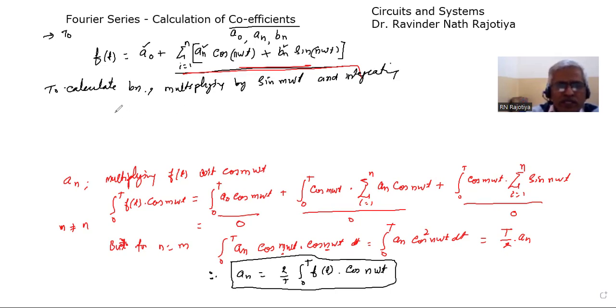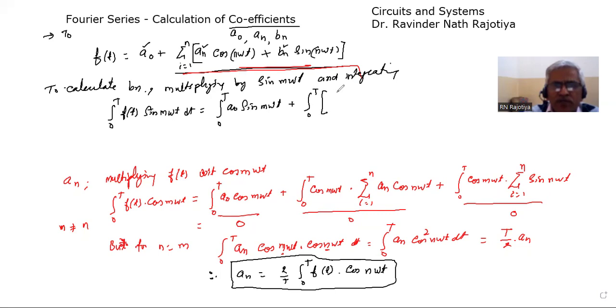So what do you get in that case? Integral from 0 to T of f of t into sine of m omega t dt will be equal to the integral of the right hand side, that is 0 to T of a0 into sine of m omega t, plus integral from 0 to T of the summation of n equal to 1 to infinity of a_n cos of n omega t plus b_n sine of n omega t, into sine m omega t dt.